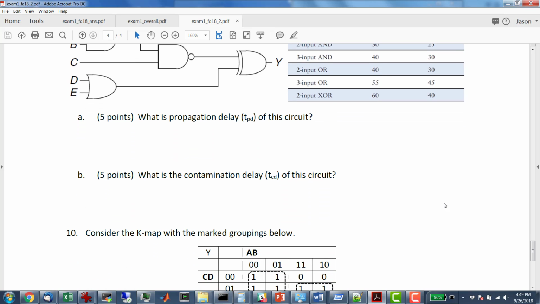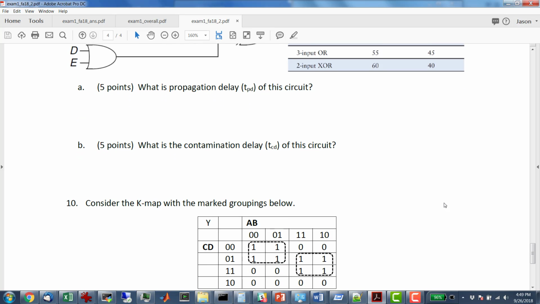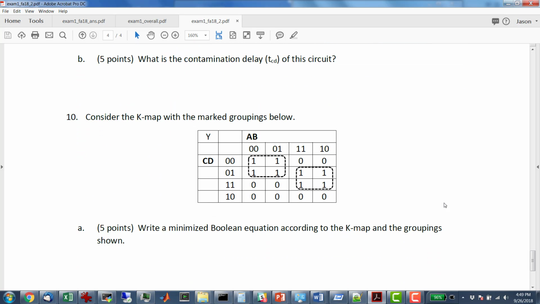Any questions about that? So contamination delay, by the way, is it clear what that means? It's the minimal amount of time that you will see activity on the output as a result of changing an input. OK. So this one was basically just a K-map problem, which is pretty straightforward.